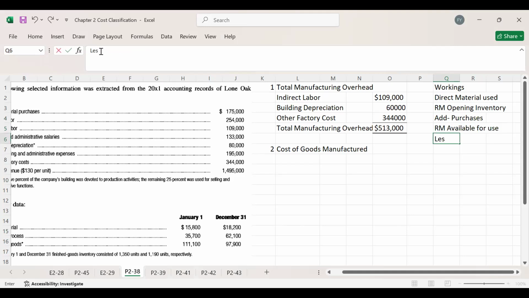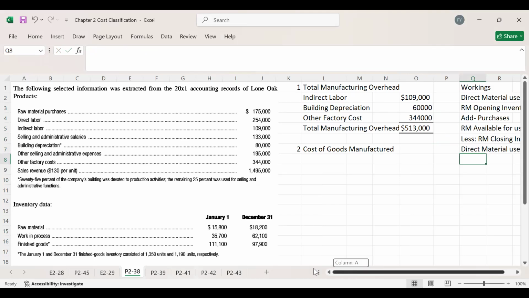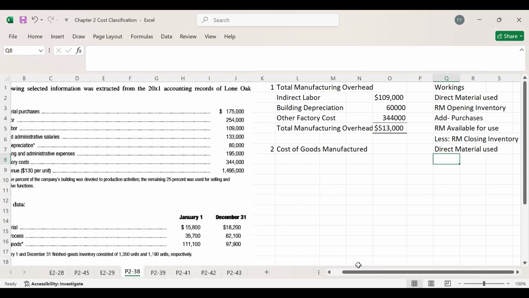Then we will deduct raw material closing inventory in order to get what? In order to get direct material used. For this calculation, we have opening and closing inventory of raw material, which is given.